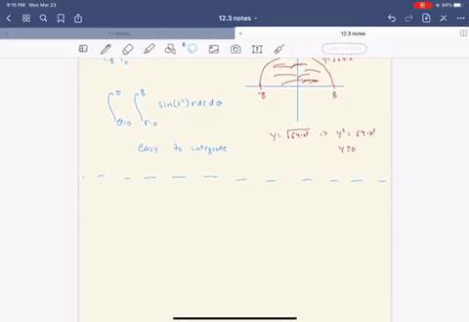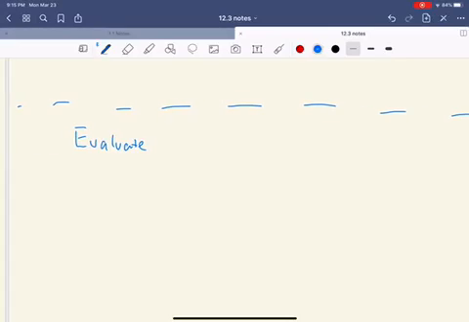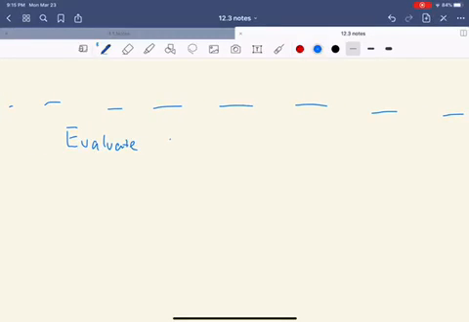So we're going to evaluate the integral over the region, or I don't know why they switch D and R all the time, but we'll say R here.